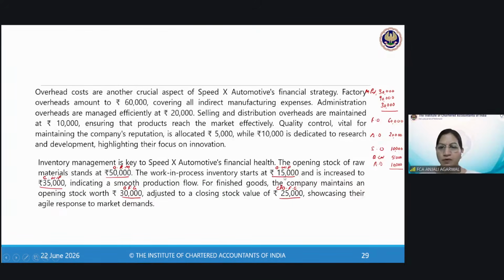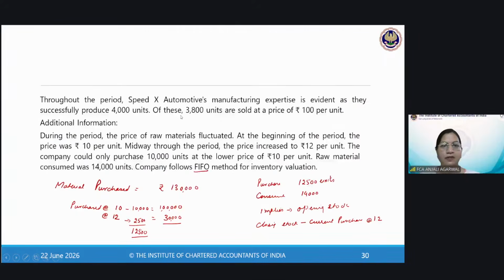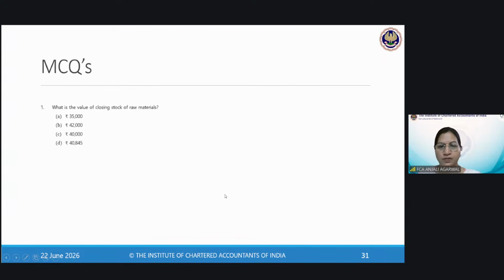Work in progress inventory starts at 15,000 and increases to 35,000. Finished goods, the company maintains opening stock worth rupees 30,000 and closing stock of 25,000, showcasing their agile response to demand. So 3,800 units are sold at a price of 100, and this is the additional information.